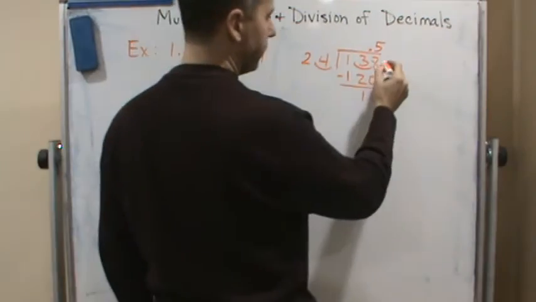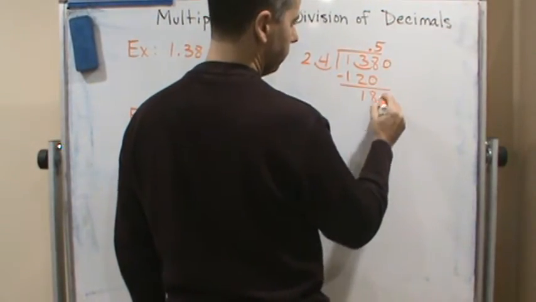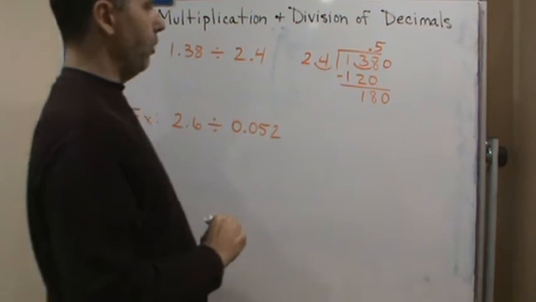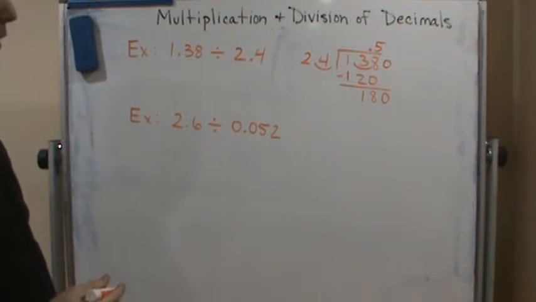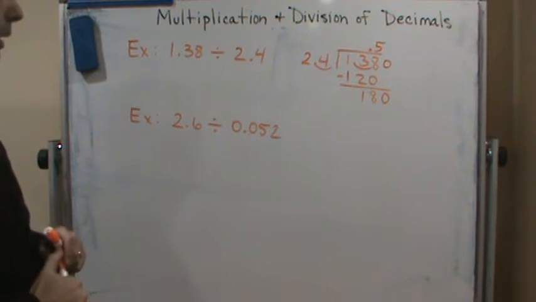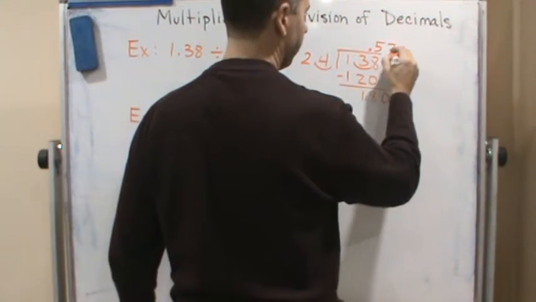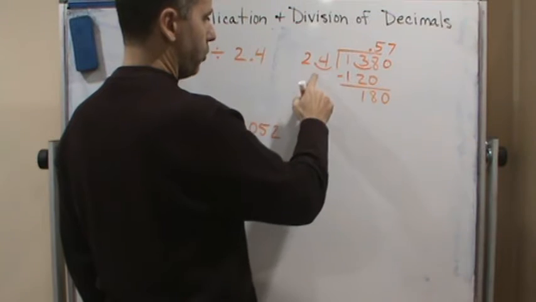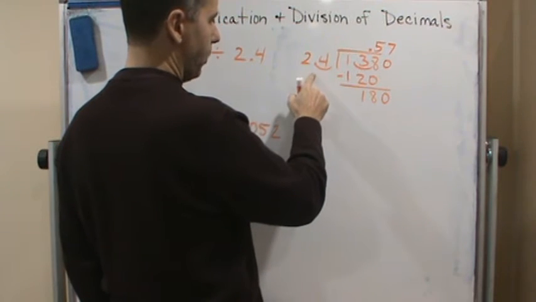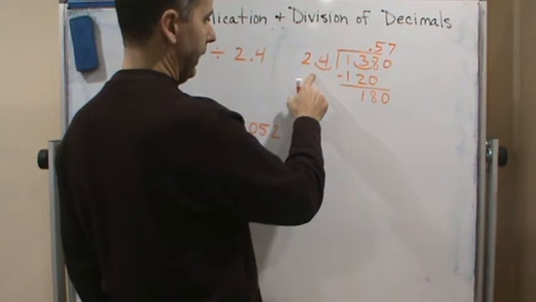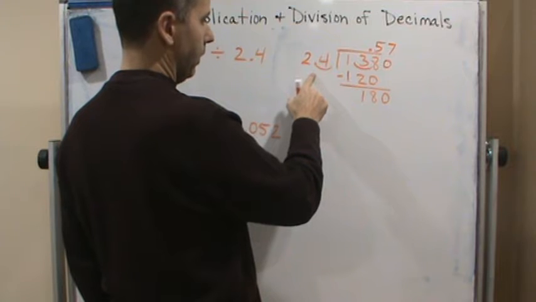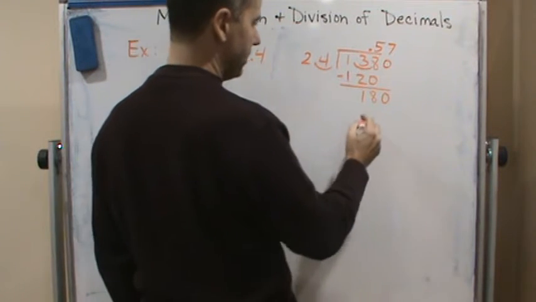And now I'm going to drop down a 0. And now, how many times does 24 go into 180? That's going to be 7. Right? So 24 times 7, or 7 times 24, is 140 plus 20, 168.